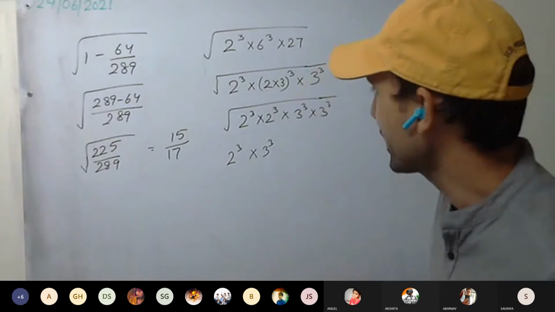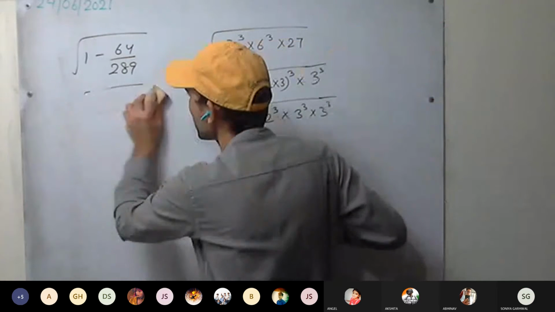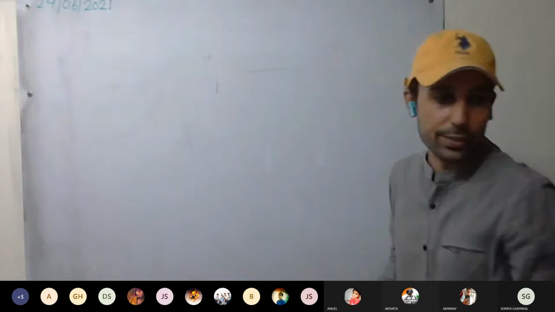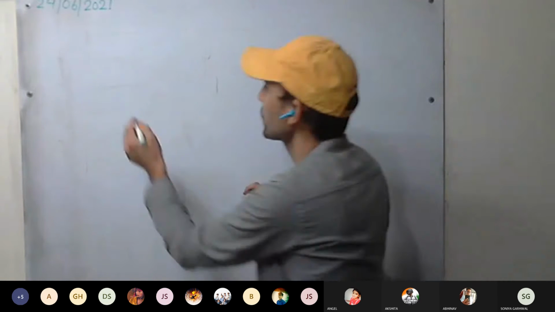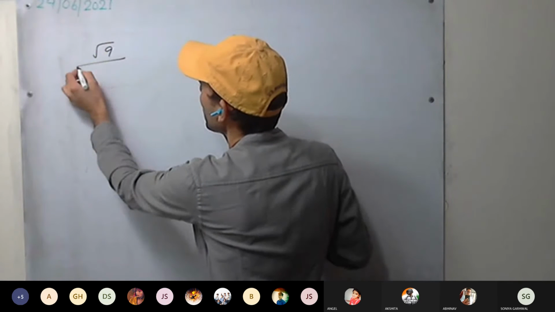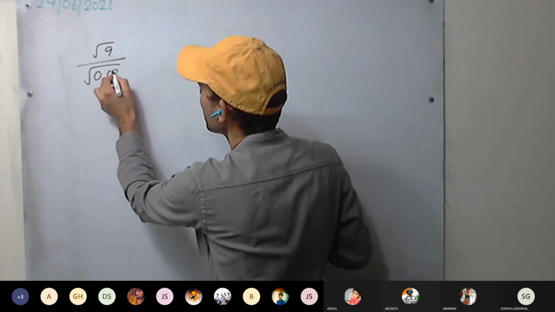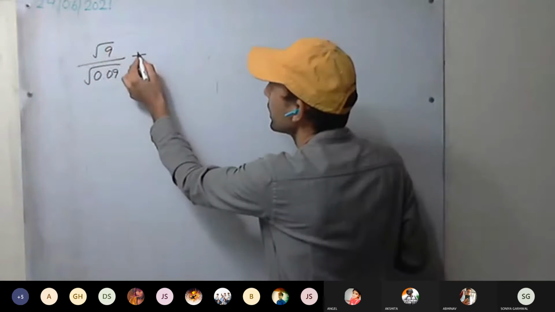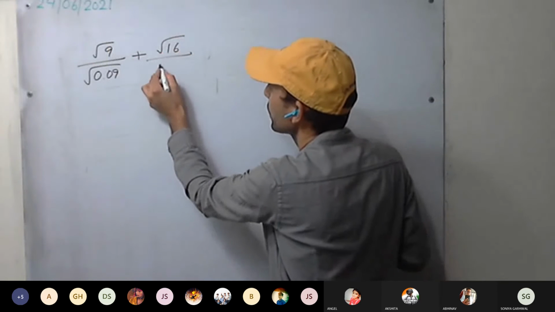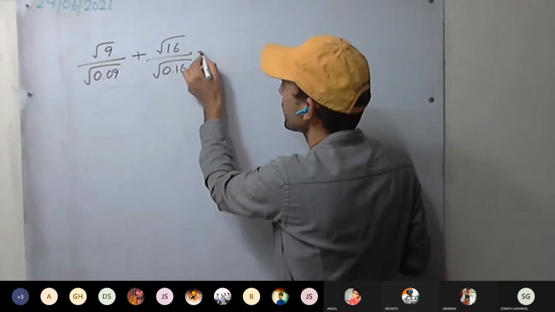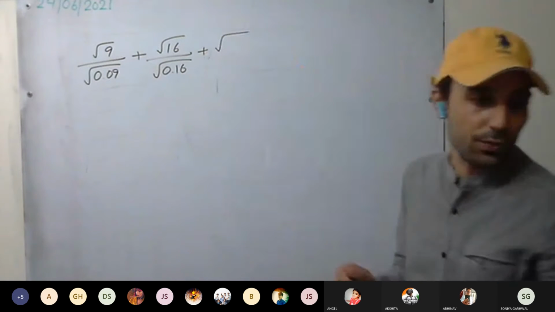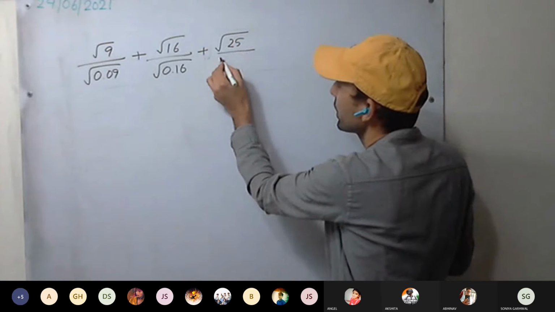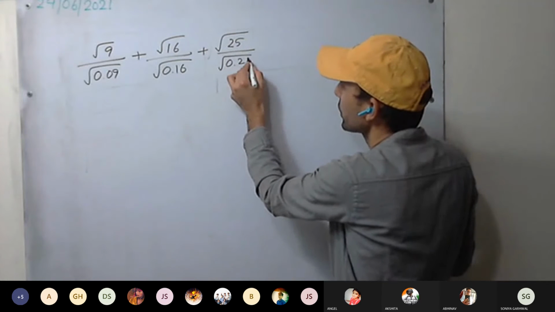Next one, very easy it is. What is given? Root of 9 divided by root of 0.09 plus root of 16 divided by root of 0.16 plus root of 25 divided by root of 0.25.